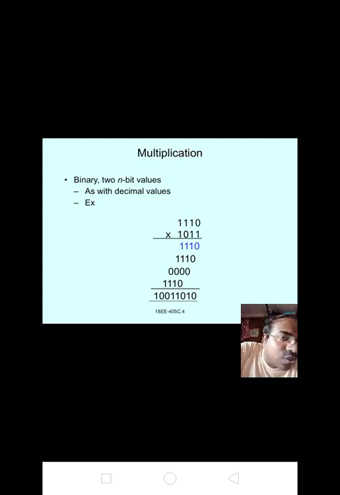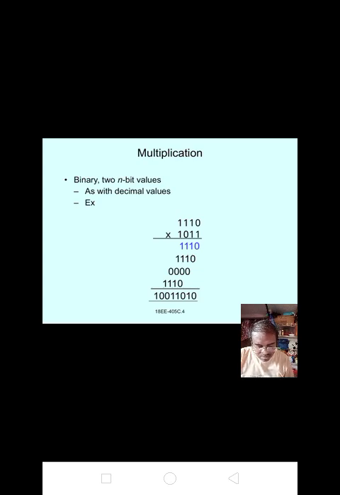You are a good student of mine. 1101 into 1 is 1101, 0000, 0000, 1101, then add.